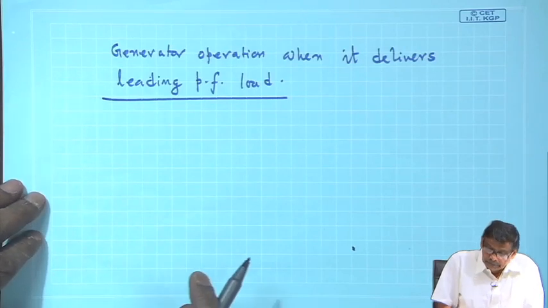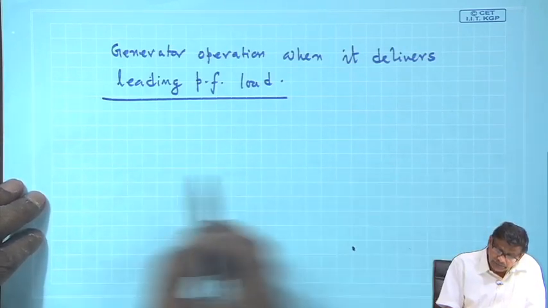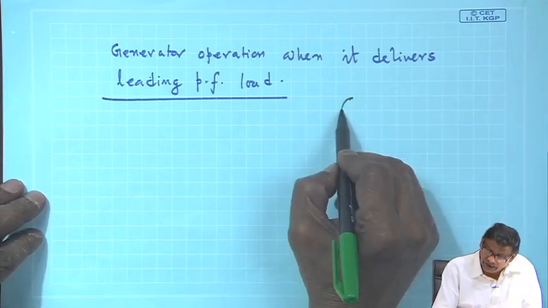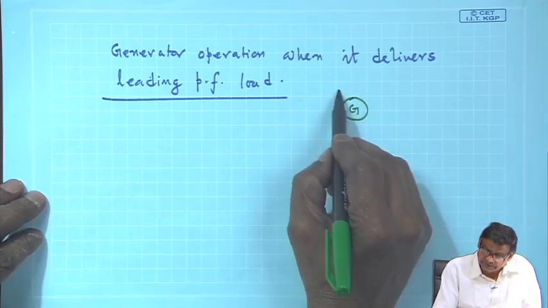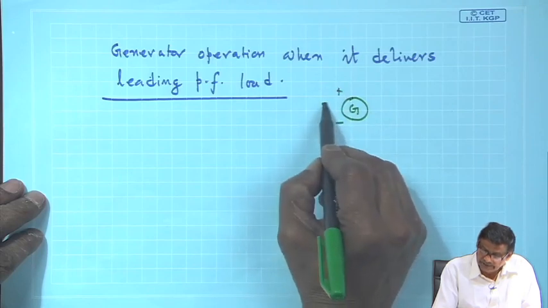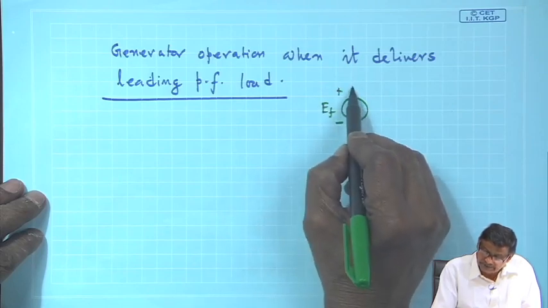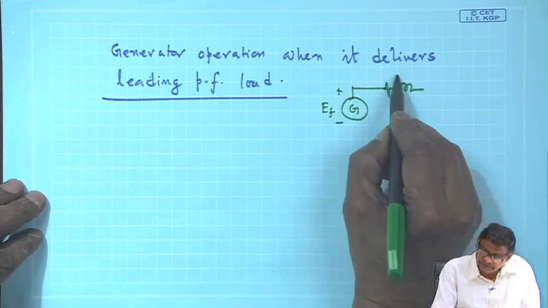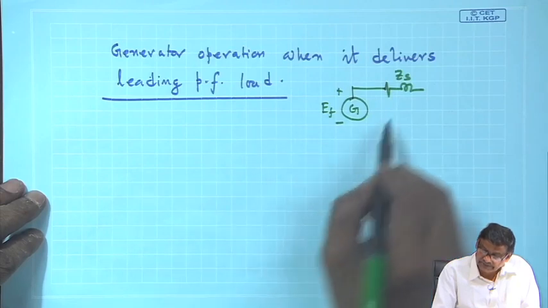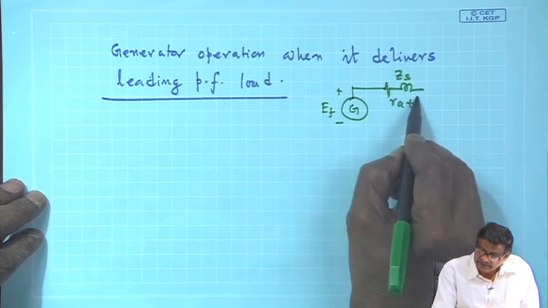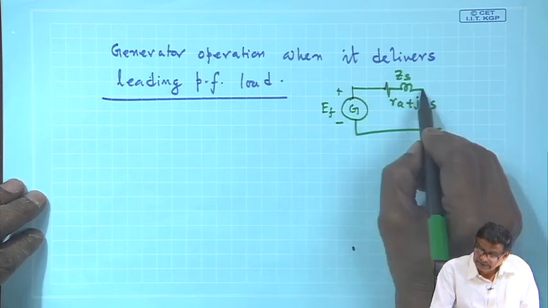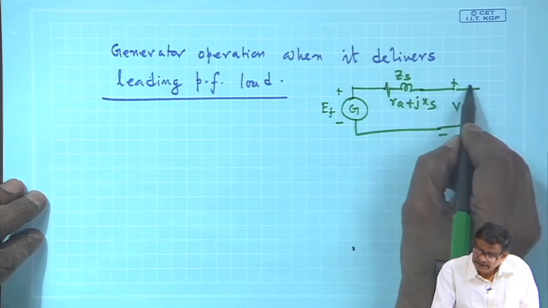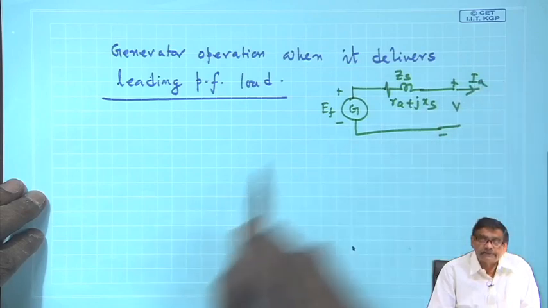It will be like this. So, how I am drawing the generator: plus minus, here is E f, here is your Z s, which is R a plus j X s, and this is your terminal per phase voltage V, and I am saying it is delivering a leading current.